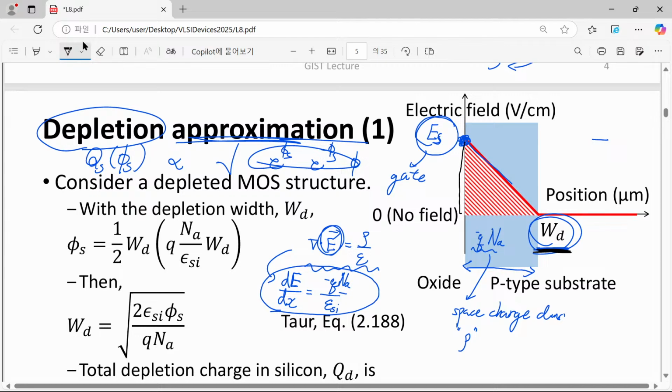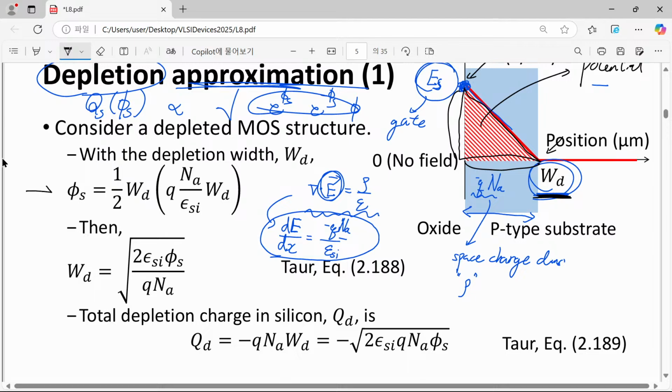Then the product between this length scale and that length scale gives the potential difference between this point and that point. I'm just showing you this equation following that one. So the potential difference is given as the product of WD and Es. And this is the expression for Es using this linear, constant slope.